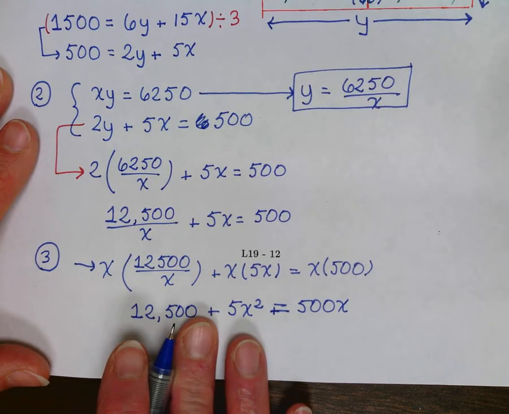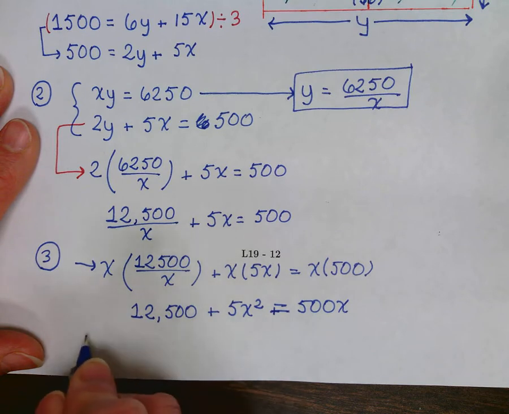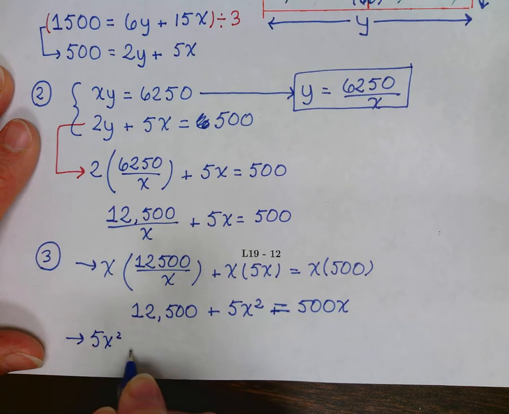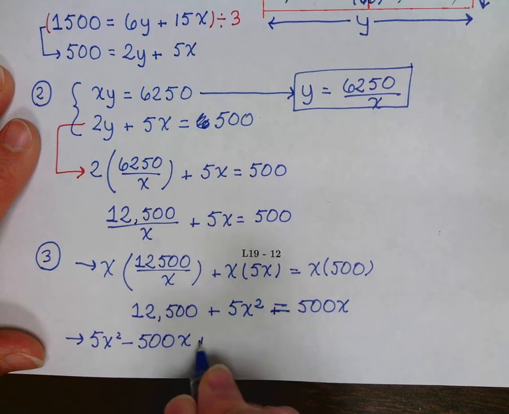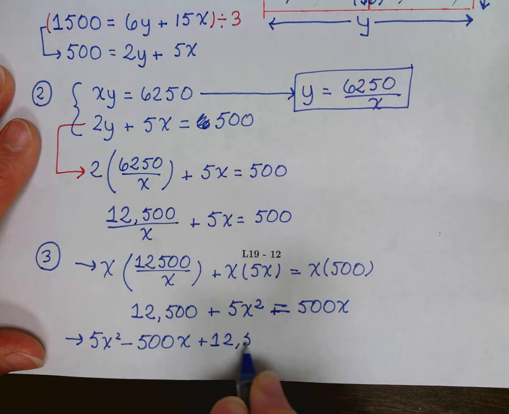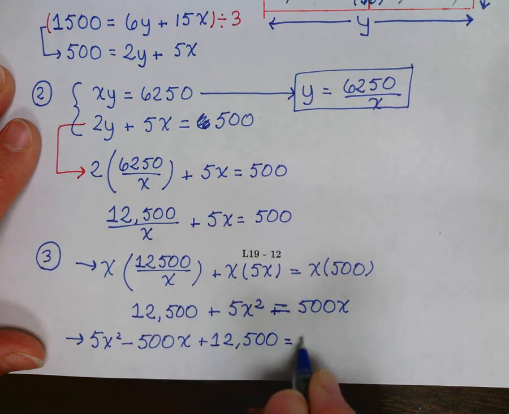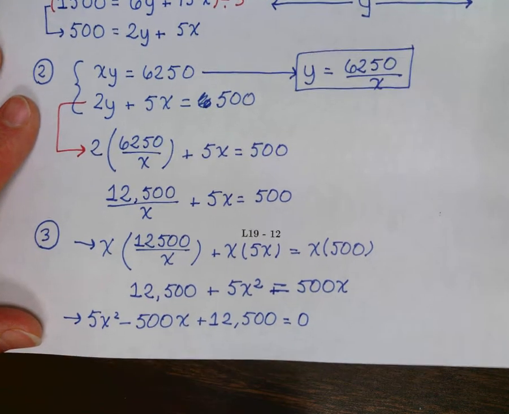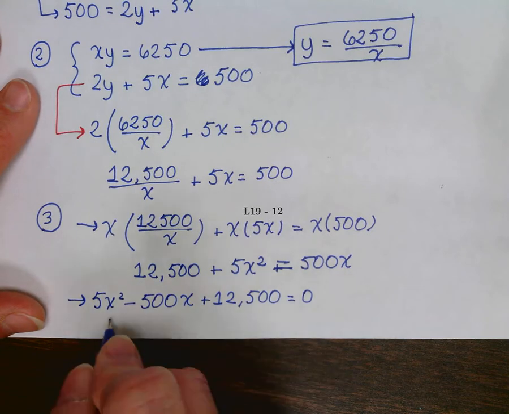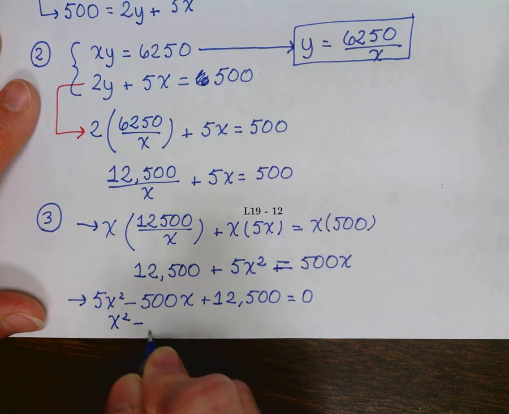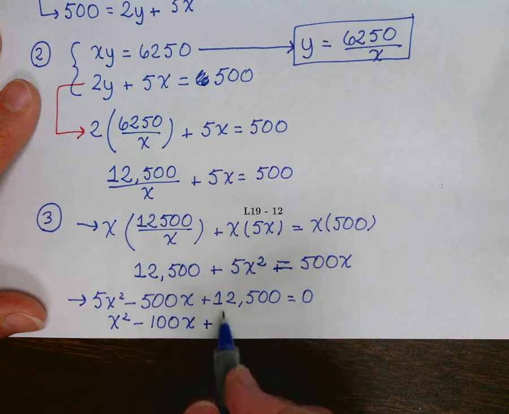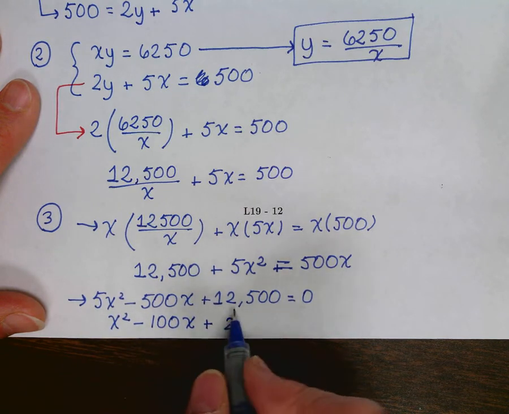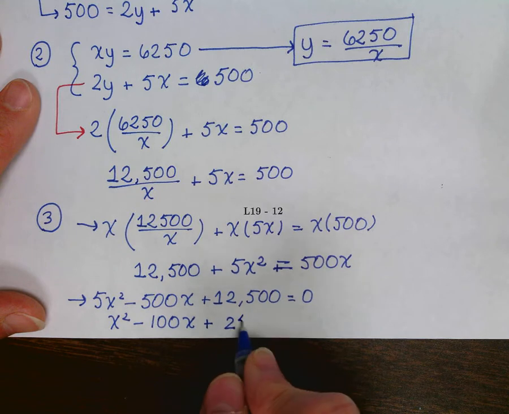And again, this is a quadratic, so I'm going to get 0 on one side. 5x squared minus 500x plus 12,500 equals 0. I think I'm going to make my number smaller. Let's divide by 5, and that'll be 2,500.